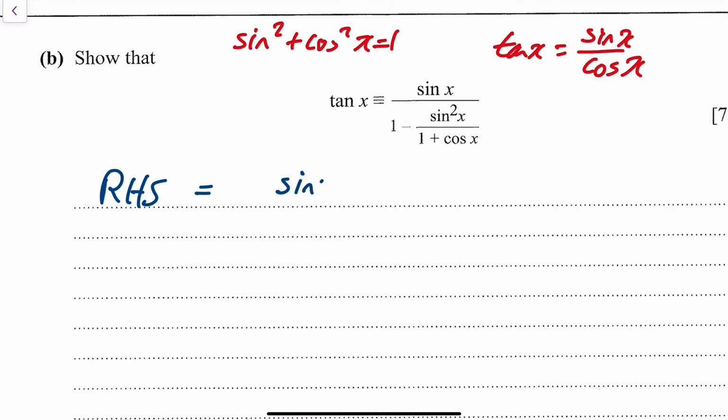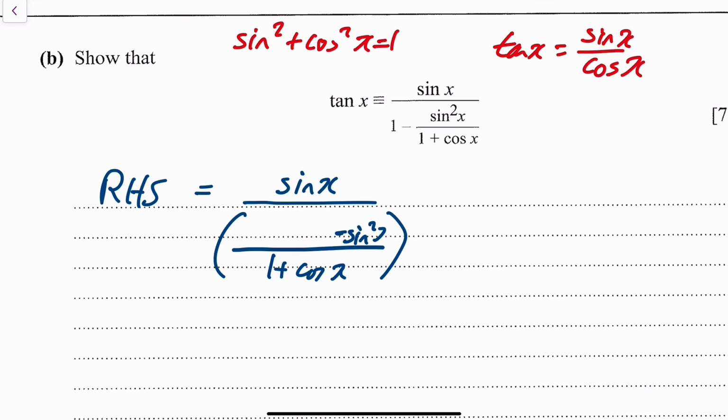Our right hand side, on your numerator, you've got sine x. On your denominator, I'm going to take a common denominator of 1 plus cos x. Now this minus sine squared is already there. We have to multiply this, that 1 becomes, the bottom line gets multiplied by 1 plus cos x, top line also gets multiplied by 1 plus cos x.